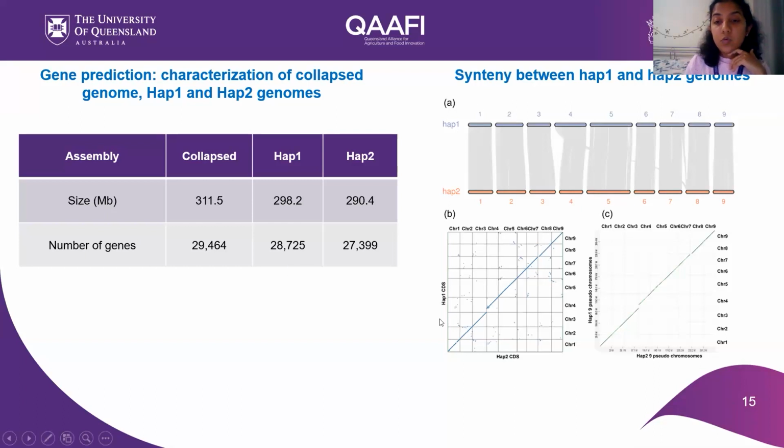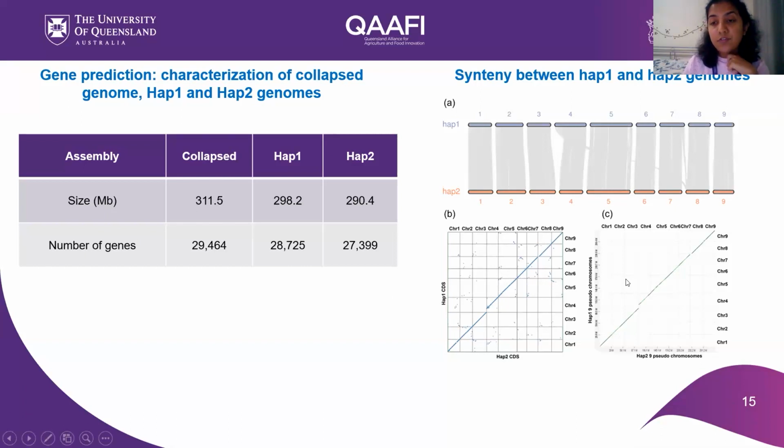Figure B shows the synteny of the putative homologous genes of these 2 subgenomes, and it also reveals that most of these genes are in a syntenic arrangement between these 2 haplotypes, with a few exceptions, like a few variations in chromosome 4 and 2, where we have inversions. Figure C shows the whole genome alignment at the nucleotide level.